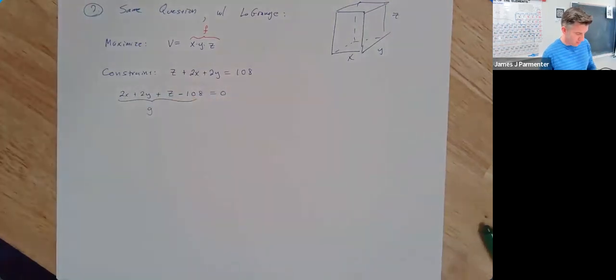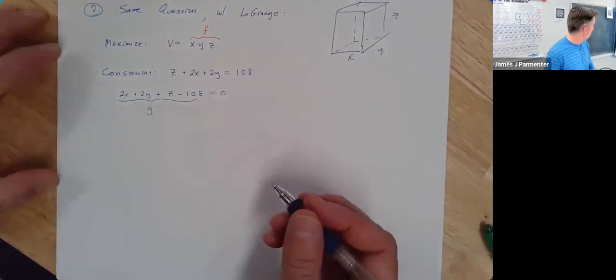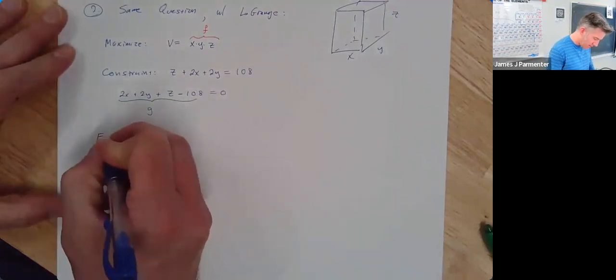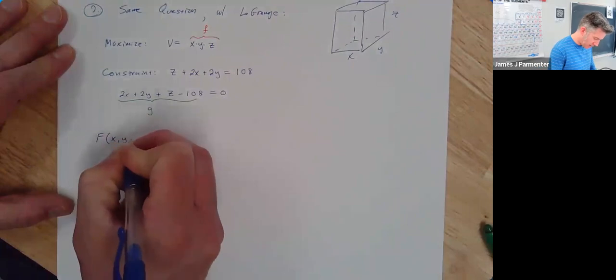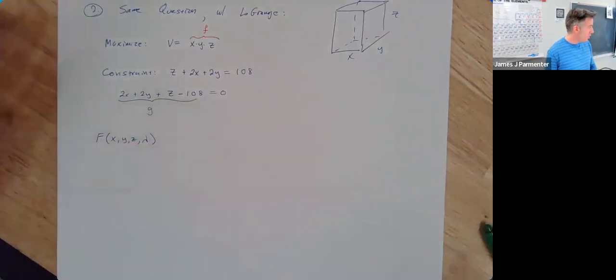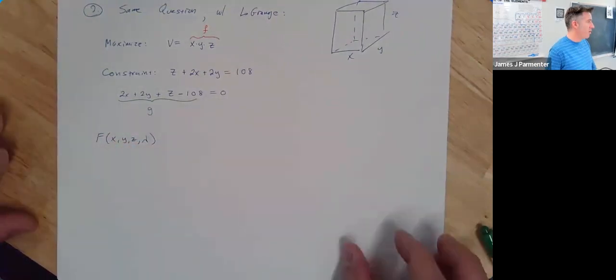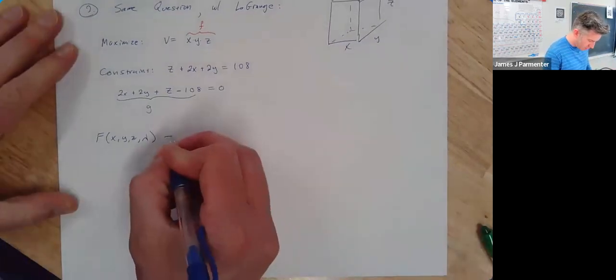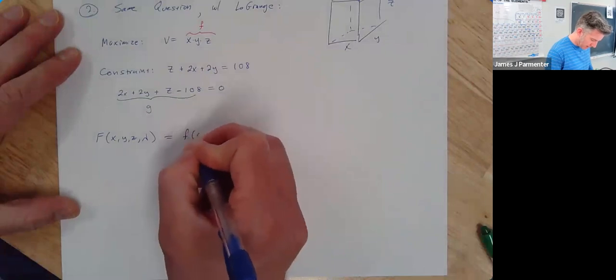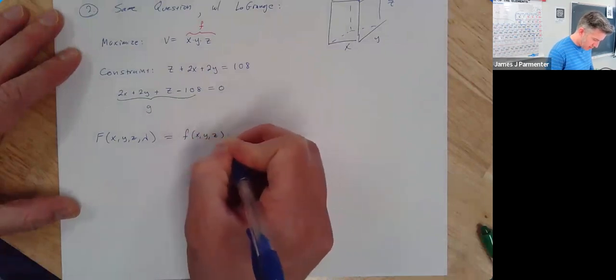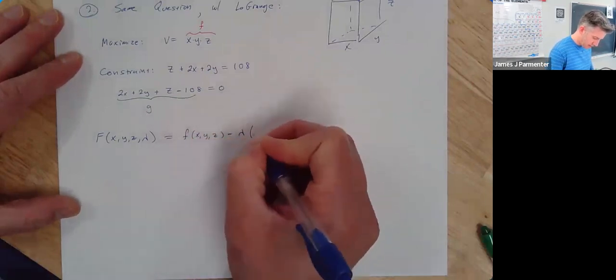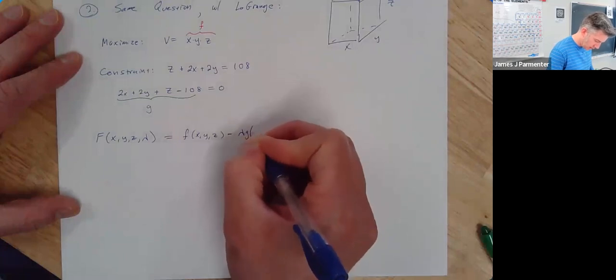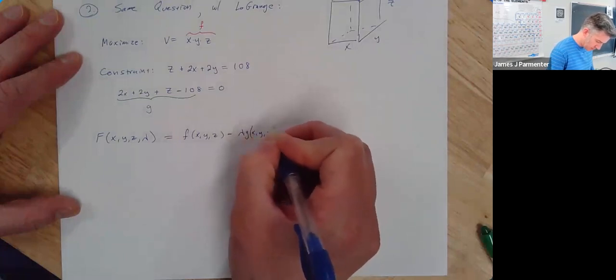And then we're going to define some new function. We're going to call it capital F of x, y, z, lambda. Or more generally, capital F of all your variables and then toss in a lambda. And that's going to equal lowercase f as a function of x, y, z minus lambda times lowercase g as a function of x, y, and z.